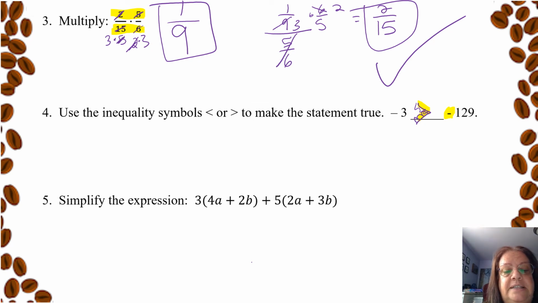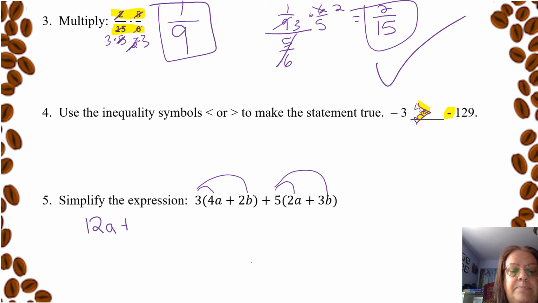Okay, simplify the expression. There's no way, by the way, to check that one. So here we're going to multiply in the 3 and then the 5. So that's going to give us 12a plus 6b plus 10a plus 15b.